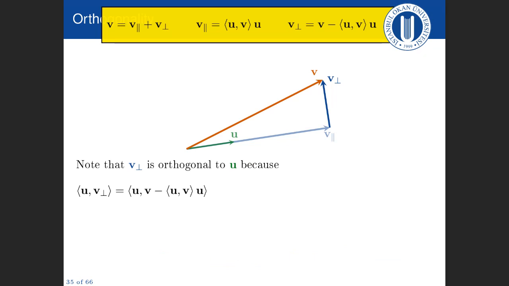First, I want to show that v perpendicular is orthogonal to u. And how do we prove that two vectors are orthogonal? We calculate their inner product. So, using the formulas in the yellow box at the top, I have the inner product of u and v minus the inner product of u and v multiplied by u.